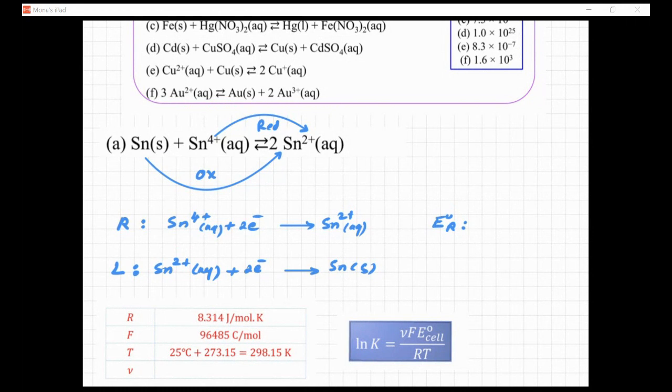From the table, I will read Sn4+, and that should be equal to plus 0.15 volt, and E left is minus 0.14 volt. Sn2+ plus 2 electrons is minus 0.14, and the other one, Sn4+ plus 2 electrons, is plus 0.15.